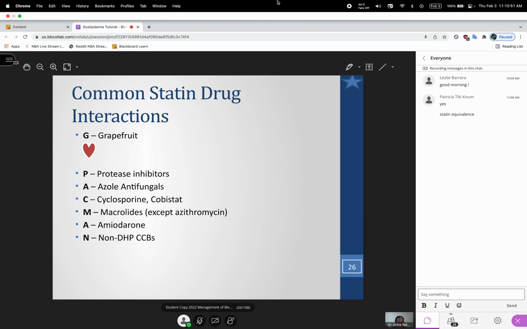If it's something like a macrolide antibiotic that they're taking for a few days, maybe a week, then we will discontinue the statin for that short course of therapy, and then we'll restart it. If they're taking an antifungal, one dose of fluconazole, we can probably stop the statin for 3 days and then allow them to continue on it. So just have an idea what to recommend.